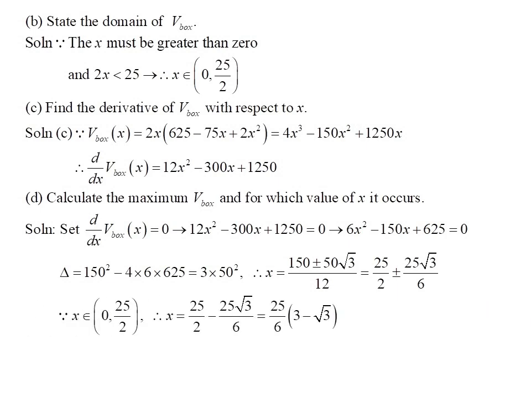Since x is between 0 and 25 over 2, x equals 25 times (3 minus square root 3) over 6. Hence, the maximum value of VBox equals 15,625 times square root 3 over 9 when x equals 25 times (3 minus square root 3) over 6.